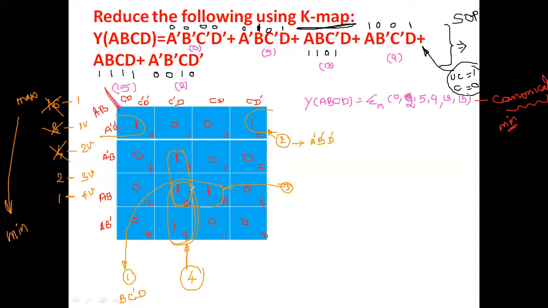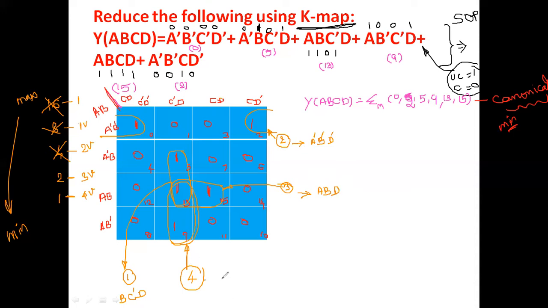Then third grouping, from this AB is common to both ones, and then from here C bar is changing to C again. So D is a common variable. So A, B, D. So listen carefully.